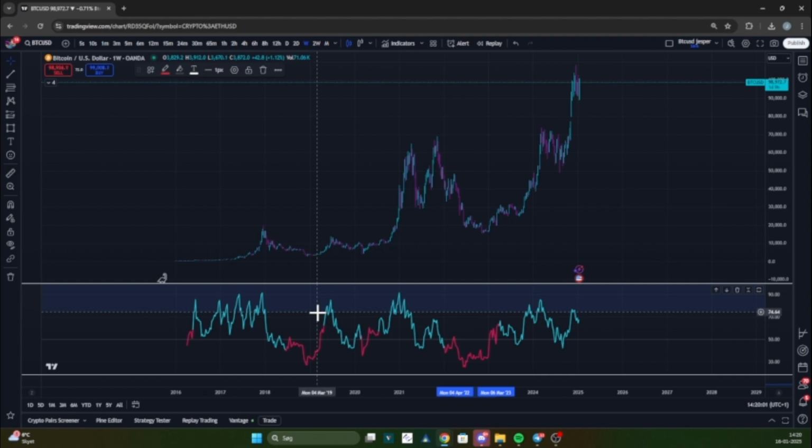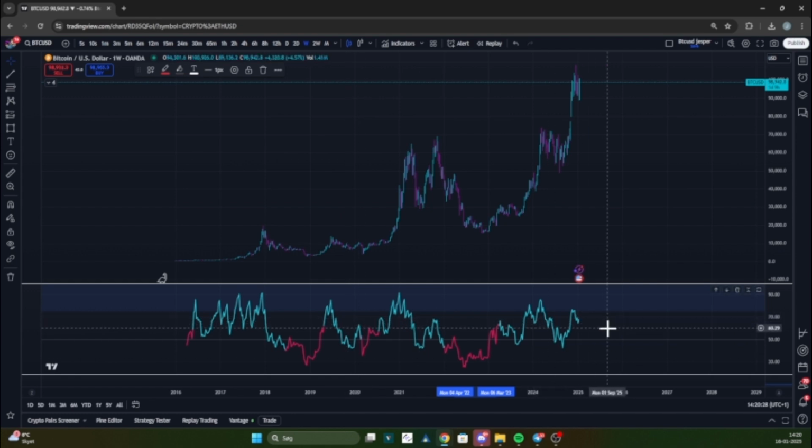I have completely removed the oversold and overbought areas, and I have coded the line to change color. When we break into the bearish control zone, it turns red, and until we break into the bullish control zone, it remains red, and then it turns green until we break into the bearish control zone.